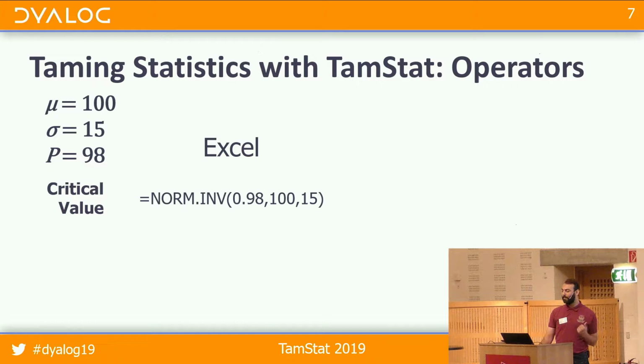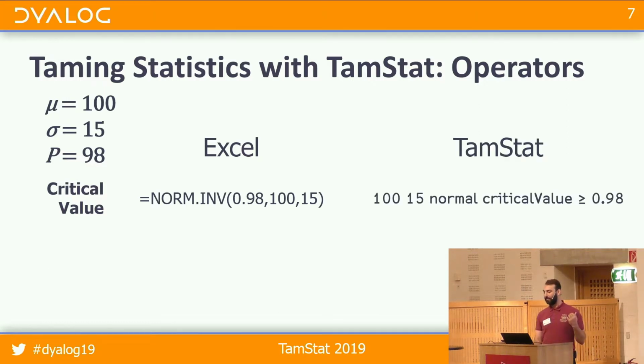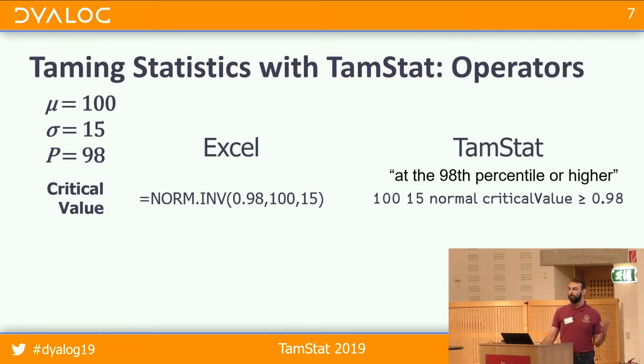The equivalent TamStat function, I think, is much more human readable and much more closely resembles the problem statement. So the question we're asking here is, what is the critical value that puts me at or above the 98th percentile? And that's nicely reflected with the use of the logical function greater than or equal to.